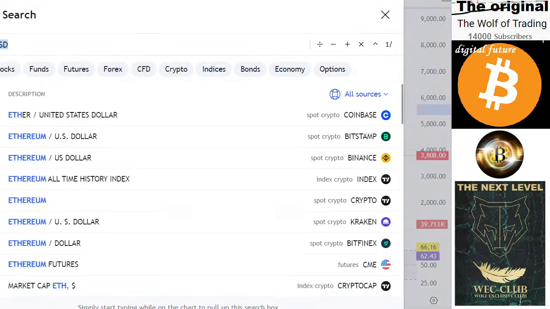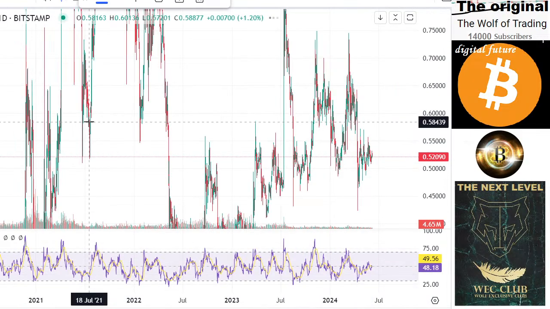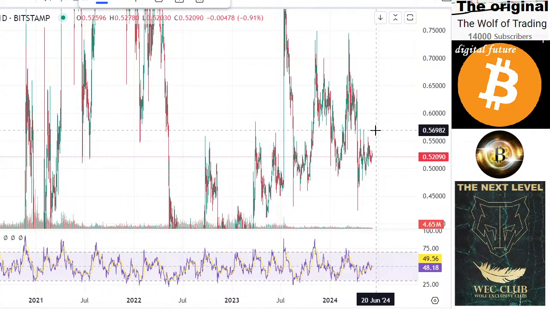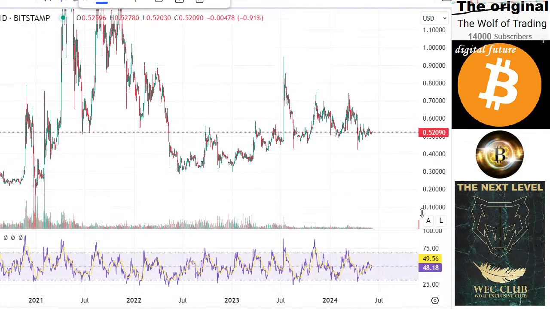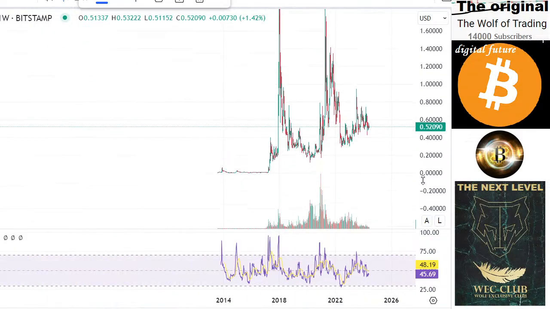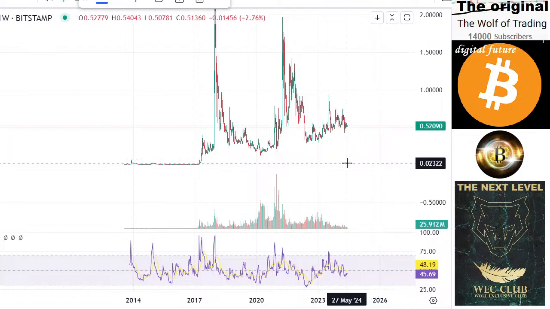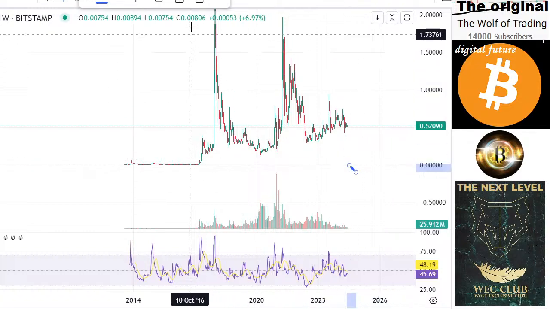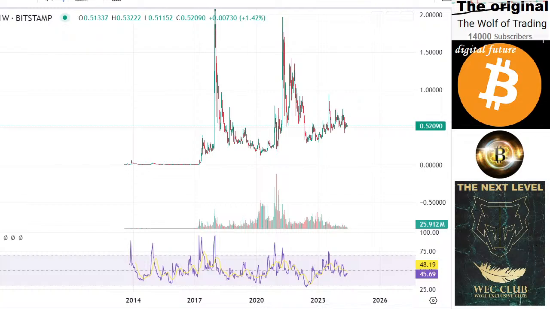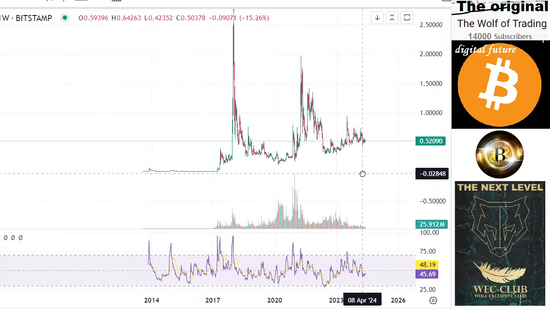So let's look here at XRP. At XRP, we have a problem in the chart. How can I describe this?